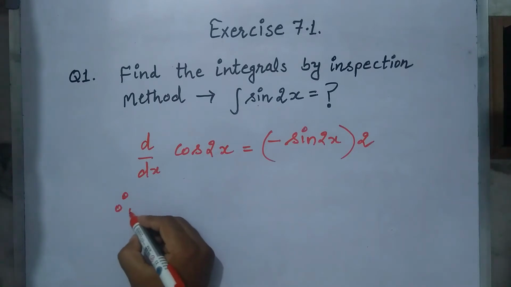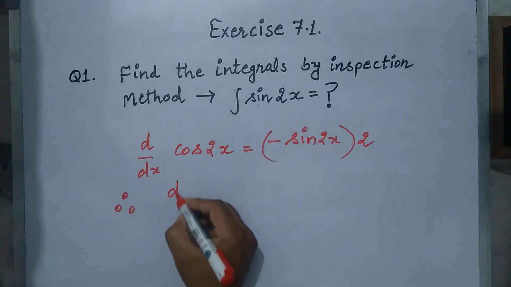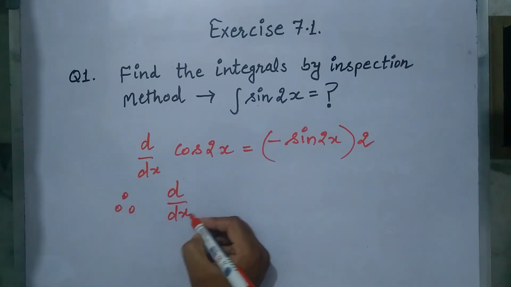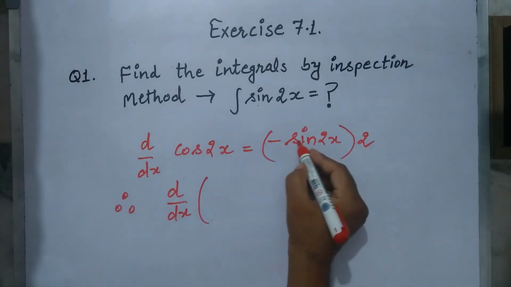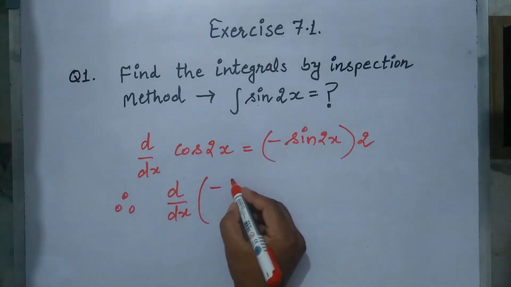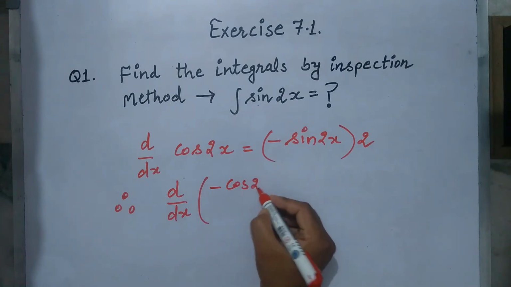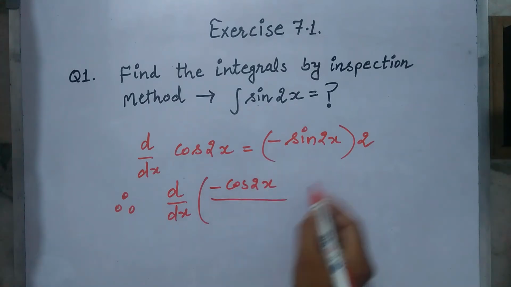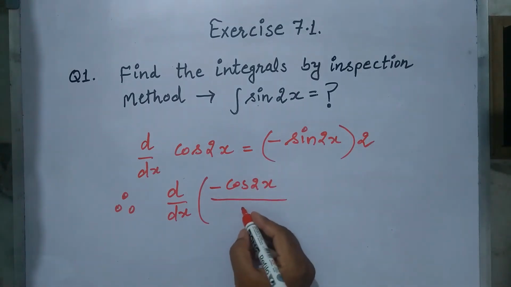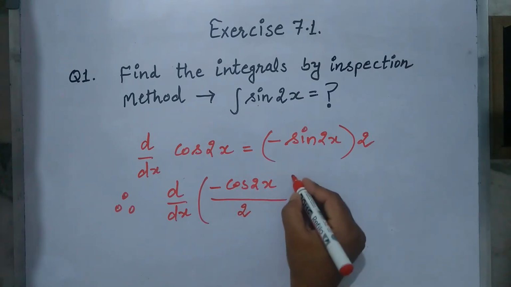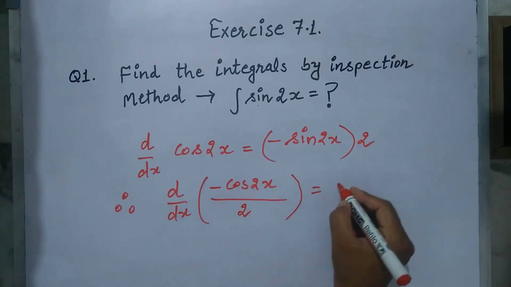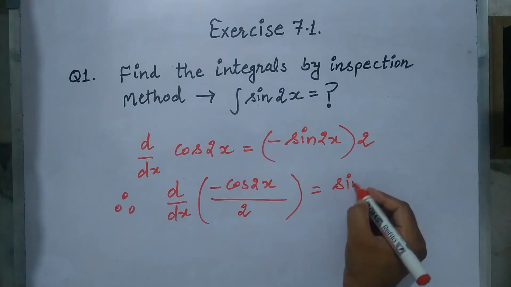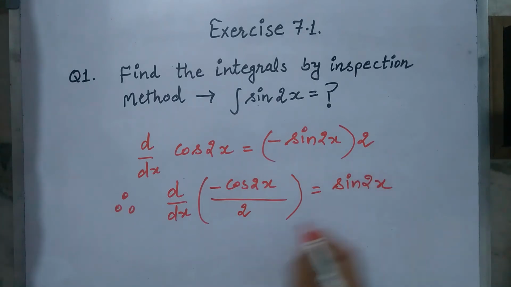Therefore, we can say derivative of, taking this minus to left side, minus cos 2x, taking this 2 to left side, divided by 2 is equal to sine of 2x.